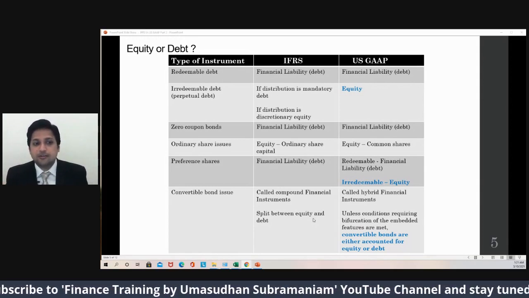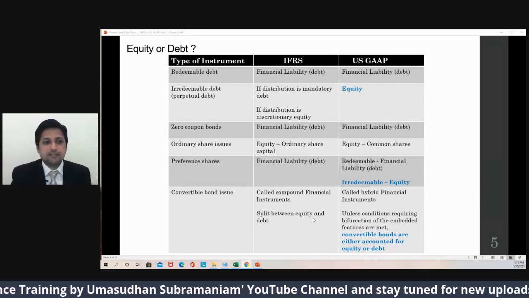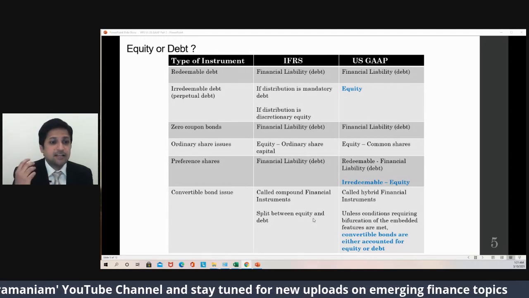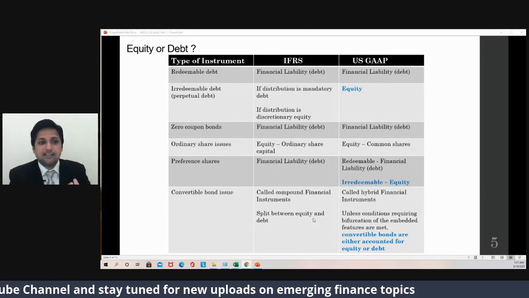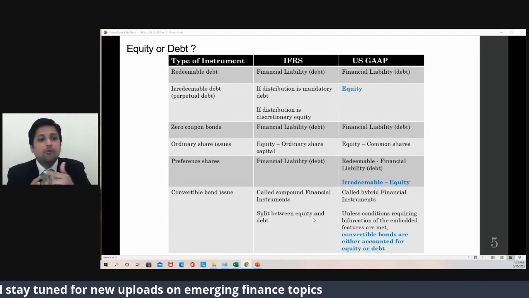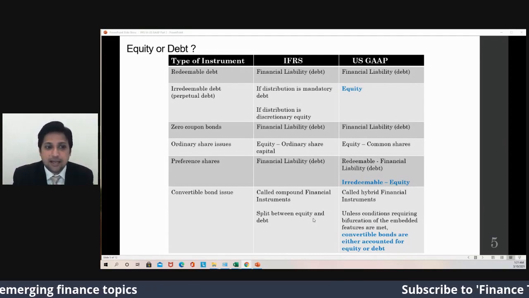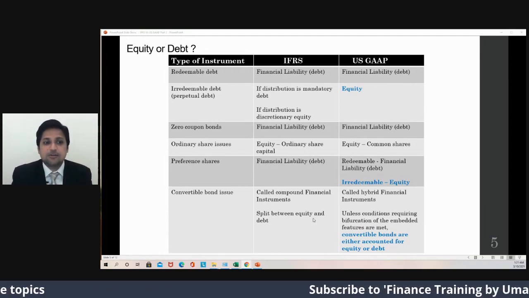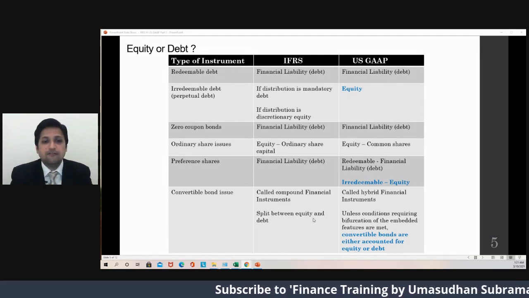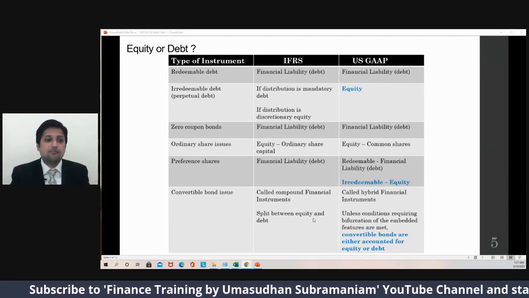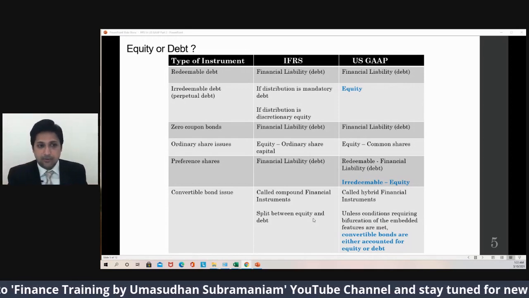But if you look at US GAAP, most of the time these convertible bond issues are either classified as an equity instrument or bond instruments. And also remember, in US GAAP, this instrument is also called a hybrid financial instrument because it has the characteristics of both debt and equity.